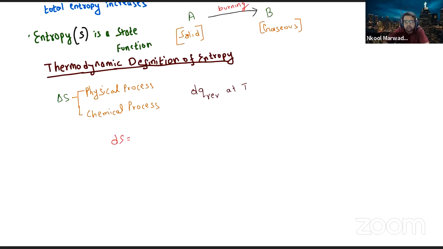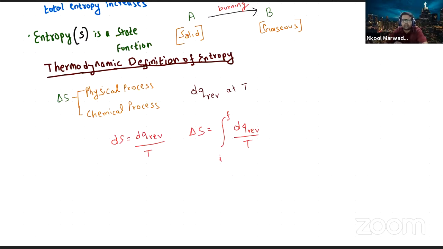So dS will be dq rev upon T. Delta S is equal to the integration from initial to final of dq rev upon T. So this is the thermodynamic definition of entropy.